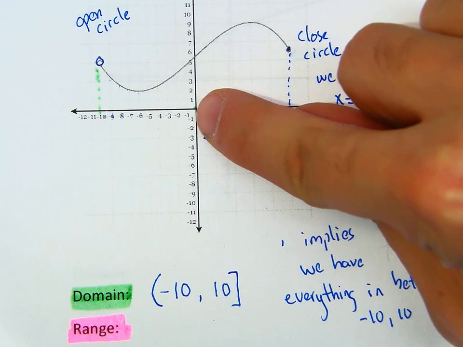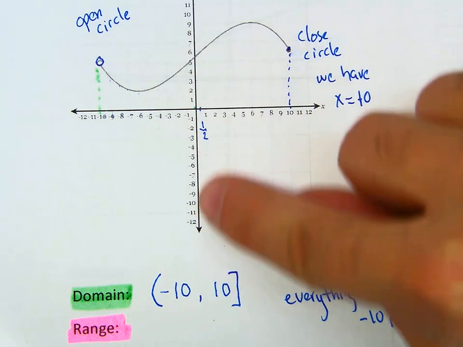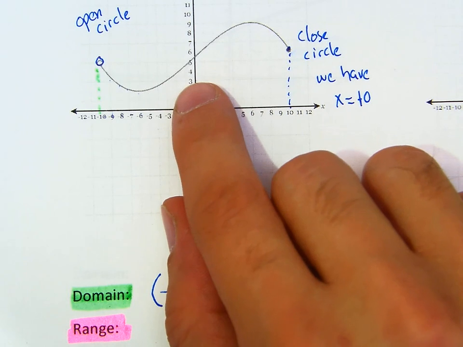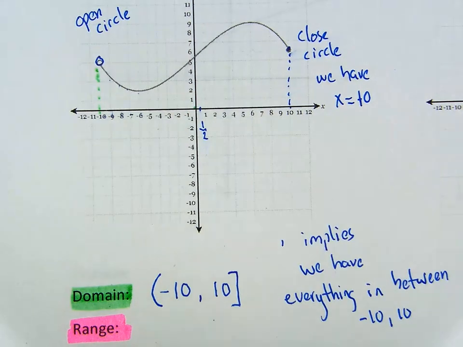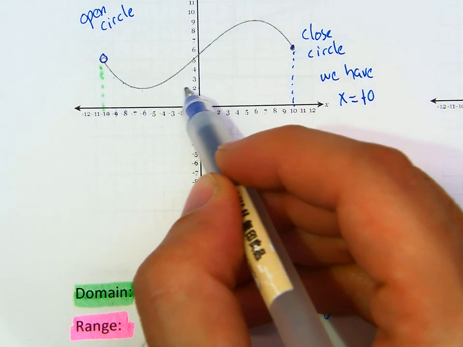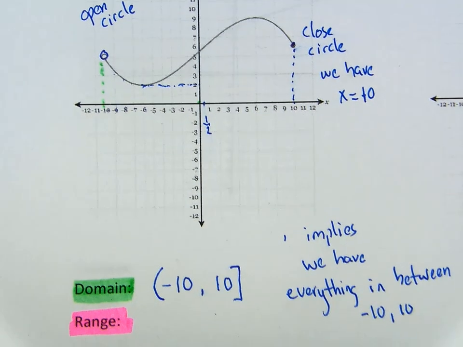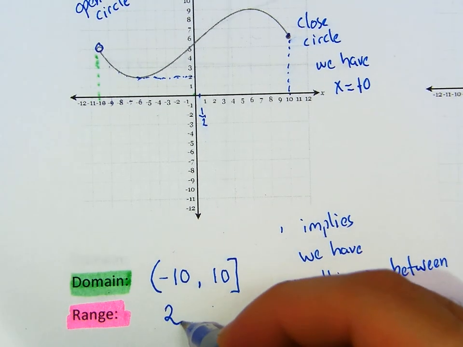Now I want you to look up and down. How far down does this graph go? Notice that it looks like it goes as low as 2. 2 is the lowest you have.